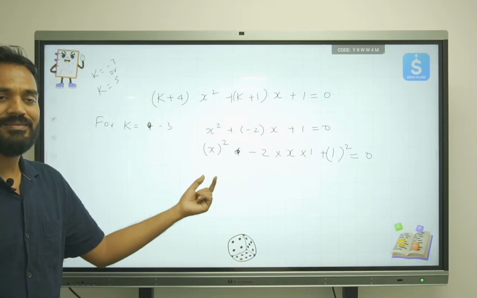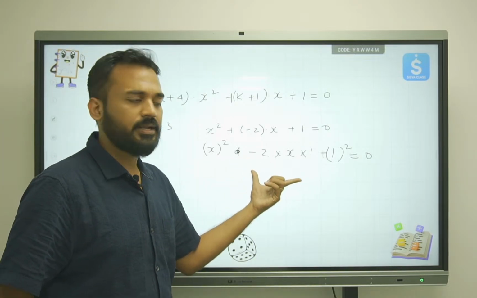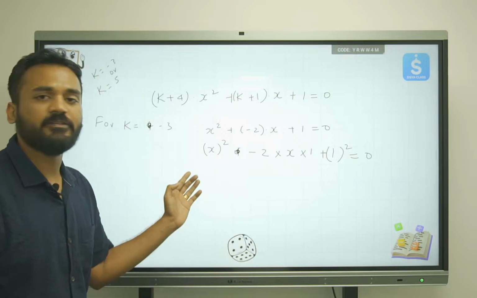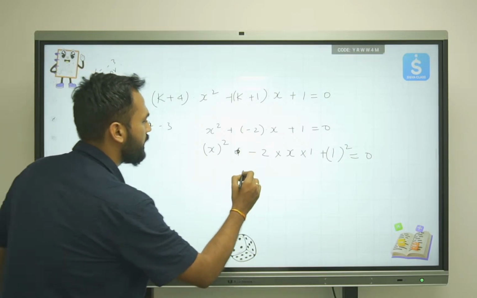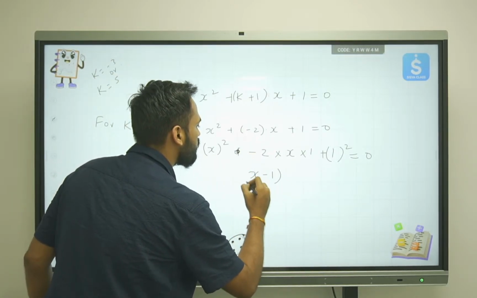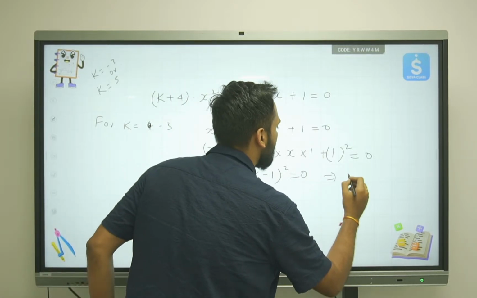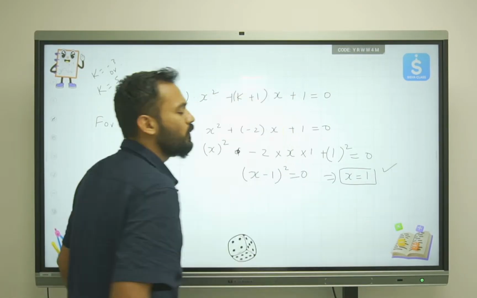When you analyze, this is an algebraic identity. It's an expanded form of an algebraic identity, which is x minus 1 the whole square. Clear? This will come out to be x minus 1 the whole square equals to 0, which means the equal roots are 1. X equal to 1 are the equal roots.